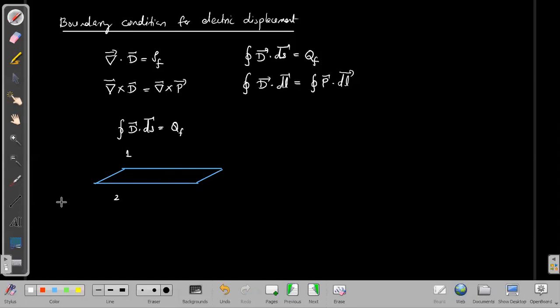Better to take the pill box in cylindrical shape, that would be easier. So consider a cylinder immersed through this boundary.